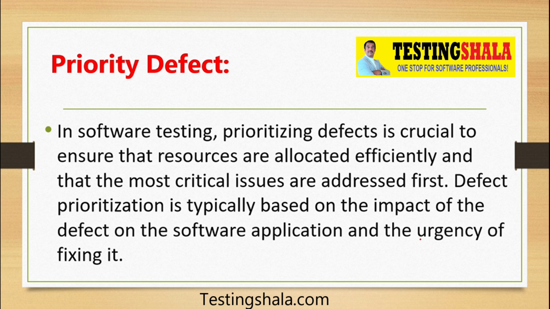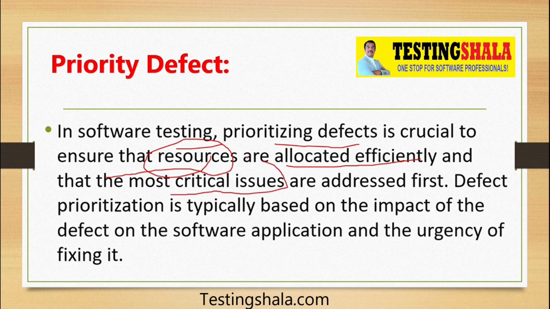In software testing, prioritizing defects is very crucial, because we have limited resources in the software testing field. The resources could be human resources or hardware resources, which we have to allocate very efficiently to resolve those issues, and we have to adapt the resources so critical issues are addressed very quickly.